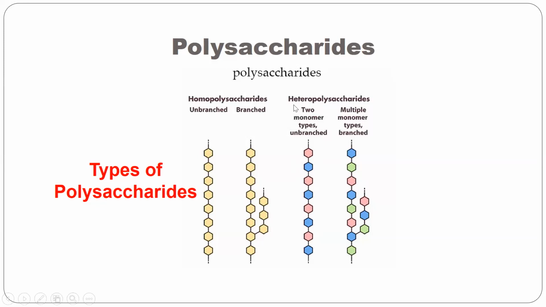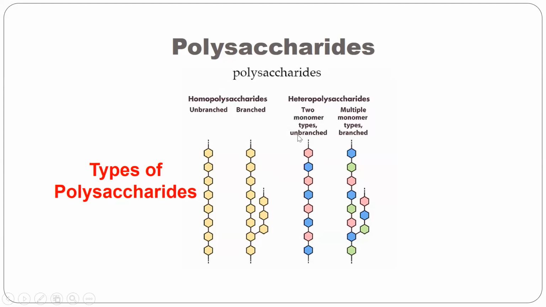So your homo or heteropolysaccharides can either be branched or unbranched. Unbranched means it's just a straight chain structure. With a branch, you have a straight chain structure, but within the straight chain there is another type of glycosidic bond being formed that will branch out from the structure.